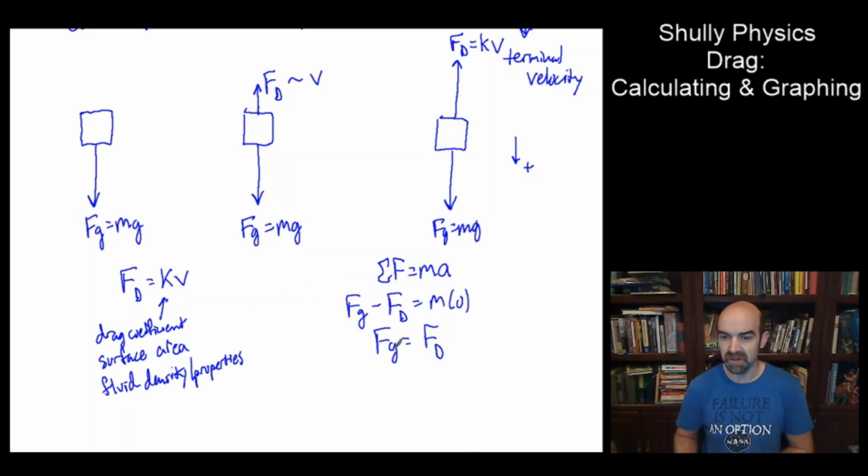All right, and so we're ready to get more of a relationship for what terminal velocity is in terms of some other physical constants and properties of this drop. So let's substitute mg for weight and kv for drag.